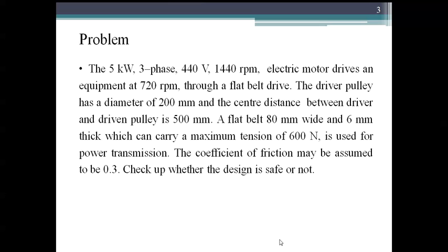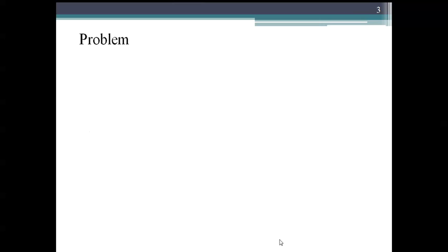A flat belt 80 mm wide and 6 mm thick, which can carry a maximum tension of 600 newtons, is used for power transmission. The coefficient of friction may be assumed to be 0.3. Check whether the design is safe or not.